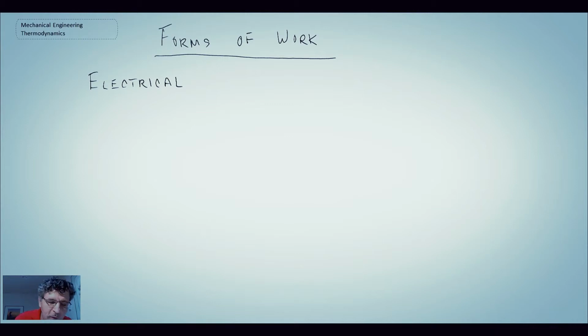So that's one form of work. And we express that as work equal to the voltage times the current times the time, because voltage is typically expressed in joules per coulomb. Current is in coulombs per second, and that gives you joules per second, and you multiply that by the delta t, and that would then give you something in joules or kilojoules.